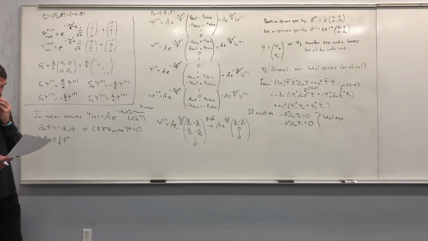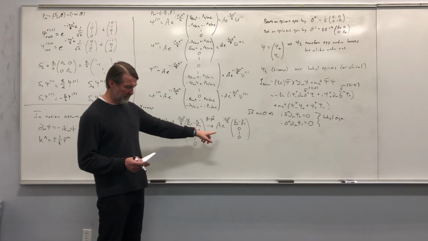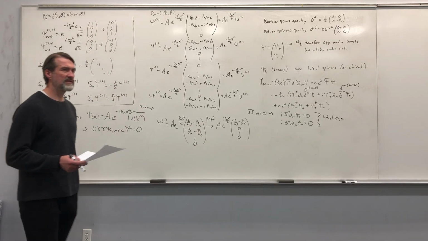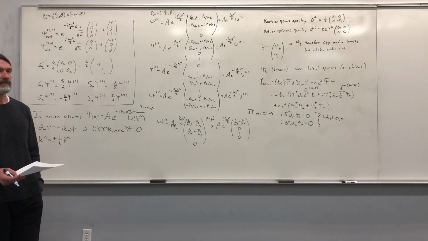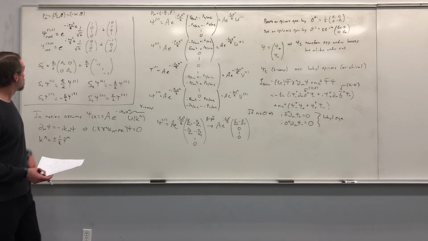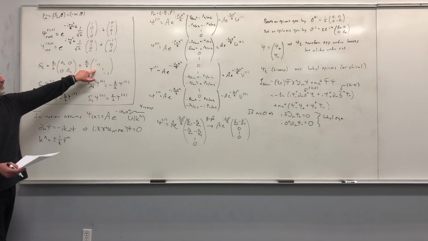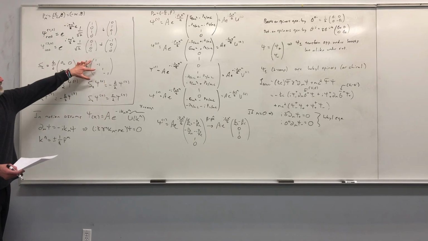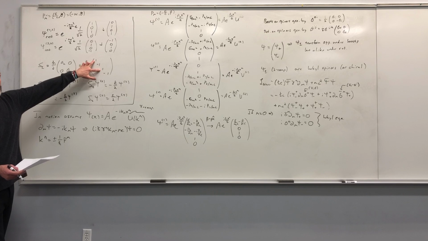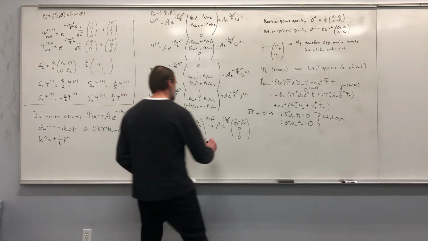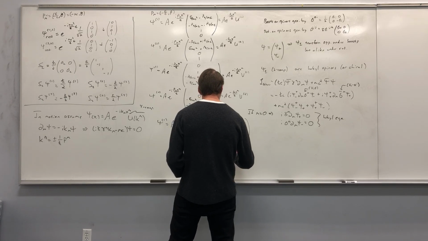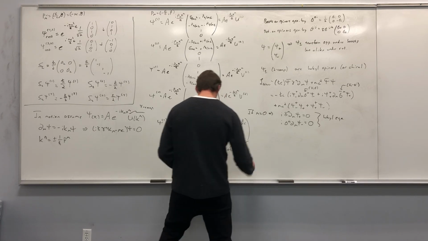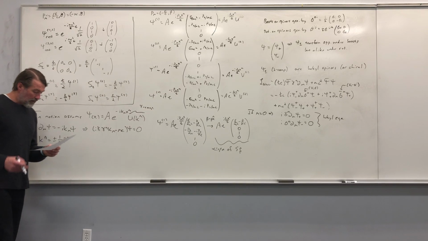Is this an eigenstate of S_p, which is S_z in this case? Remember this is S_z, which in this case is S_p. I'm just gonna get a contribution from this and this, okay? So this is an eigenstate of S_p.